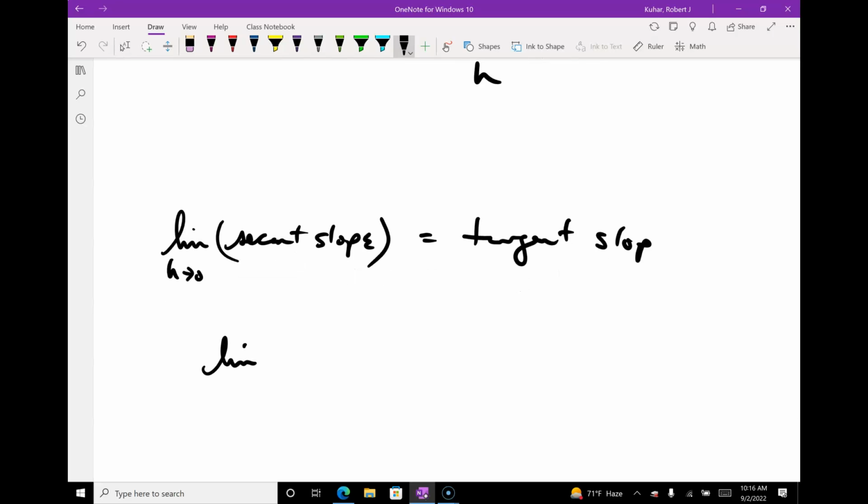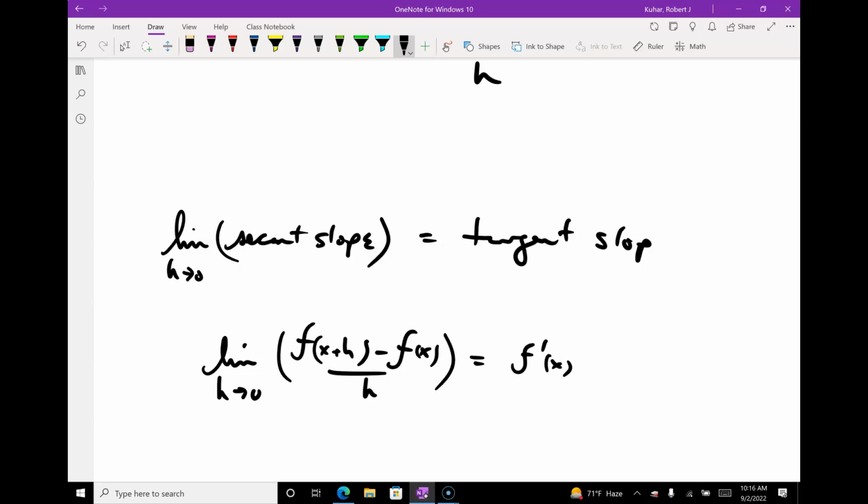So the limit as h goes to 0 of f of x plus h minus f of x all over h gives us f prime of x, which is the slope of the tangent line.